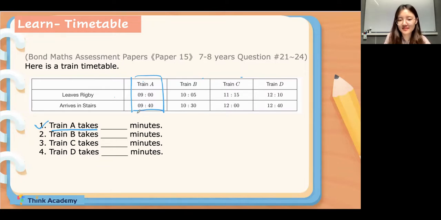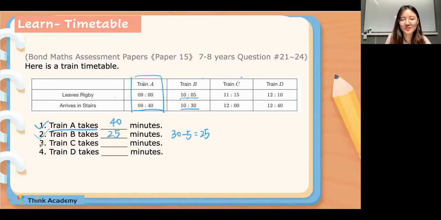So how many minutes does the train take to travel? 40, right? It's very easy. Okay, then for question 2, train B, it's very easy because this is 10:05. This is 10:30. So we can use 30 minus 5, then it will be 25, right? So train B takes 25 minutes to travel.